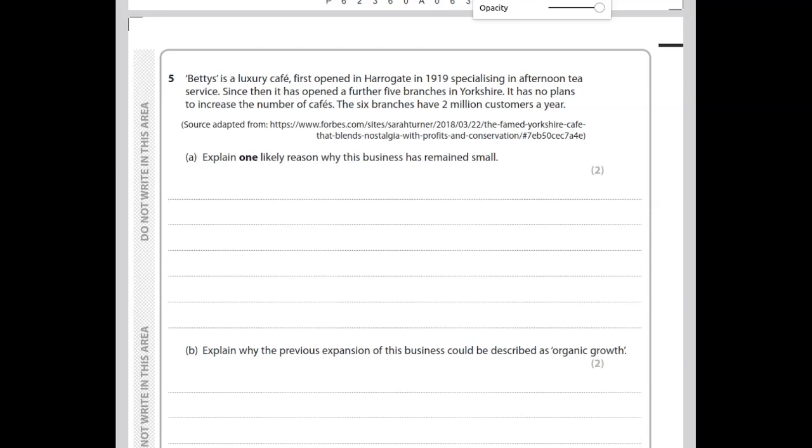So there's a bunch of reasons you could put in. One, I might offer, is avoiding diseconomies of scale.